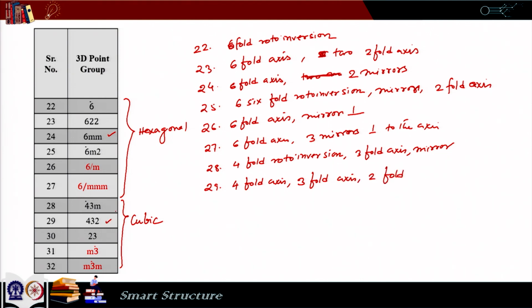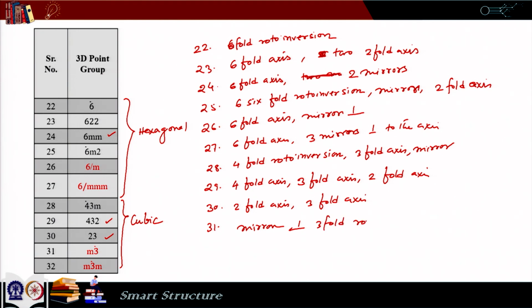In 29 we have 4-3-2: 4-fold axis, 3-fold axis and 2-fold axis. Then we have 2-3, 2-fold axis, 3-fold axis, and then 31 we have mirror, but this is perpendicular to 3-fold roto inversion.